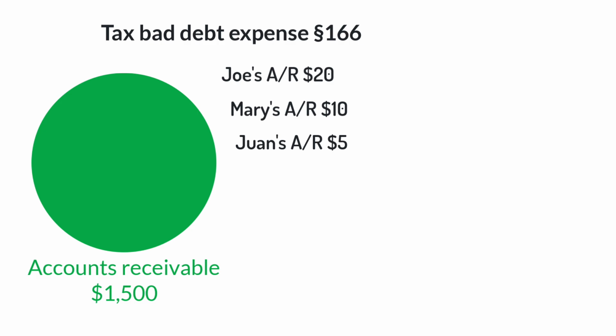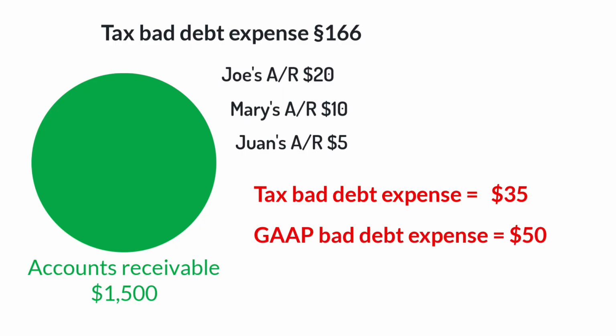We're going to have to write off their accounts. It's these specifically identifiable accounts that create our bad debt expense for tax. So our tax bad debt expense is $35. Our GAAP bad debt expense is $50. That gives us a book tax difference of $15, which becomes our M1 item for the corporate tax return.